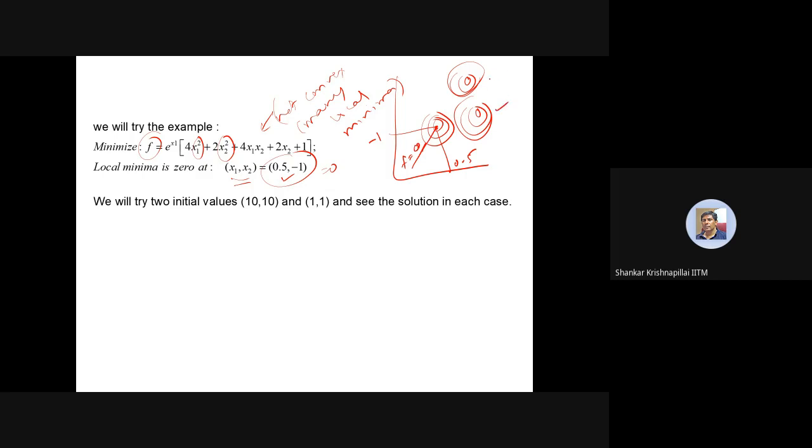Other local minima are there, but let us see if we can correctly identify this local minimum by giving a starting point close to this. So we will try two initial values, (10, 10) and (1, 1), and we will see if it converges to this local minimum. 10, 10 is very far away. So we'll try both.